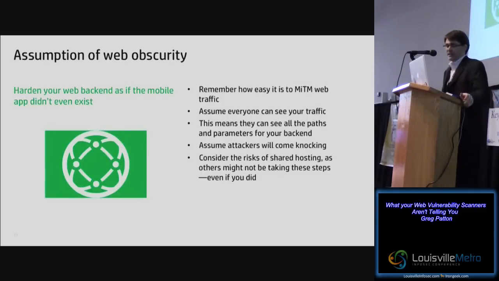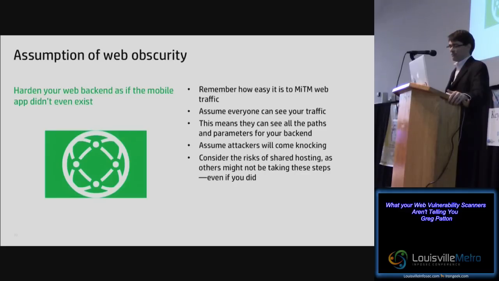So, yeah, in protecting against web back-end vulnerabilities, some of my advice is just remember how easy it is to man-in-the-middle web traffic. Assume that the bad guys are using your mobile applications and actually figuring out what endpoints they connect to on the back end, and then assume that they're manually navigating to those as well.